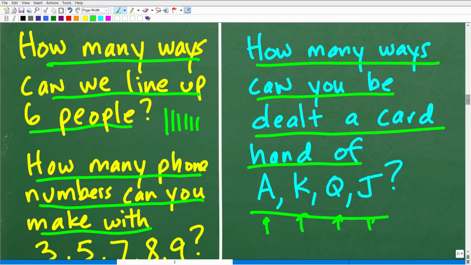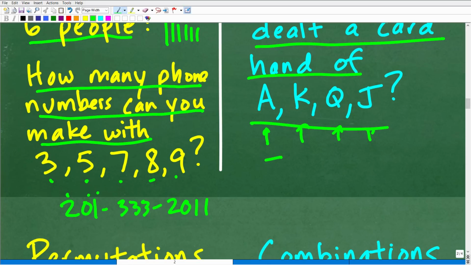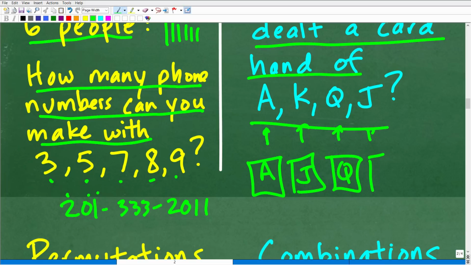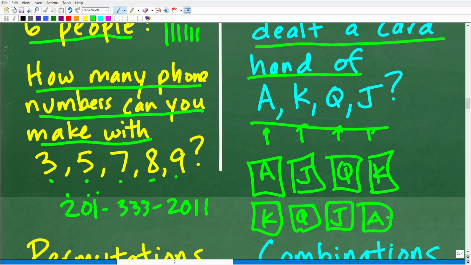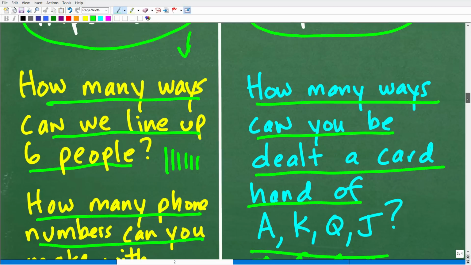Well, again, here order is not important, because maybe the first card you get is an ace, then the second card is a jack, then a queen, and then a king. But if you happen to get a king first, then a queen, then a jack, and then an ace, it's still the same hand, right? You just reshuffle the cards in your hand. So here, again, order is not important. Order of selection is not important.